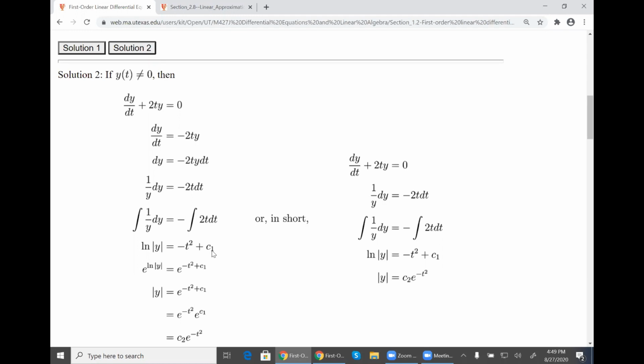Letters should be different. Say on the left plus c1, on the right plus c2. But then you can move the constant from the left to the right and combine these constants, and you will get fundamentally the same as what is written here. You see it? Okay. Yeah, I get it.